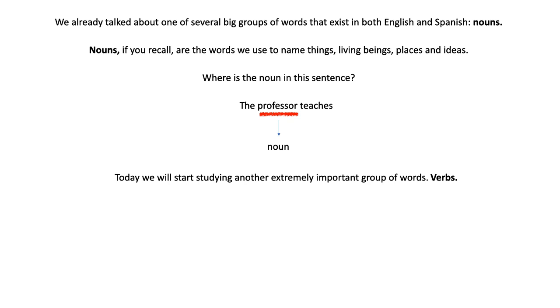But today we're going to start to talk about another extremely important group of words. We're going to talk about verbs. So let's find the verb in this sentence. The professor teaches. So we know that professor is a noun, it can't be a verb. We know also that the is an article, so the verb here must be this. Teaches, right? Teaches is our verb in this sentence.